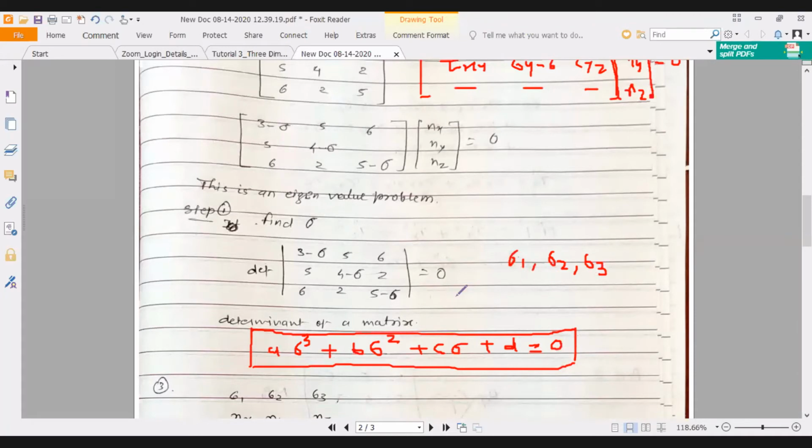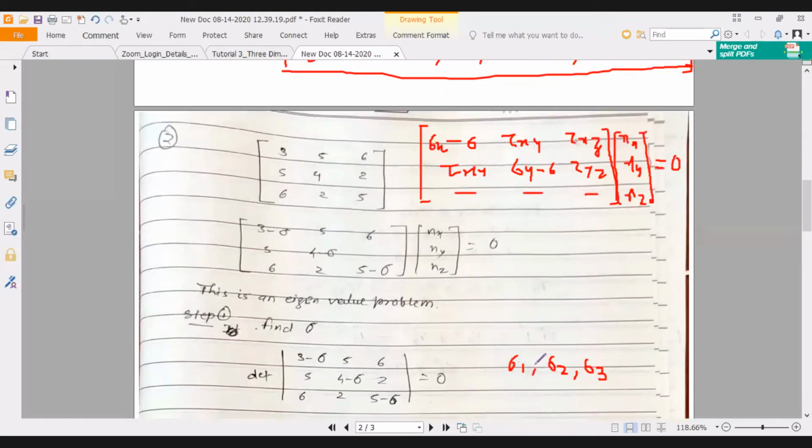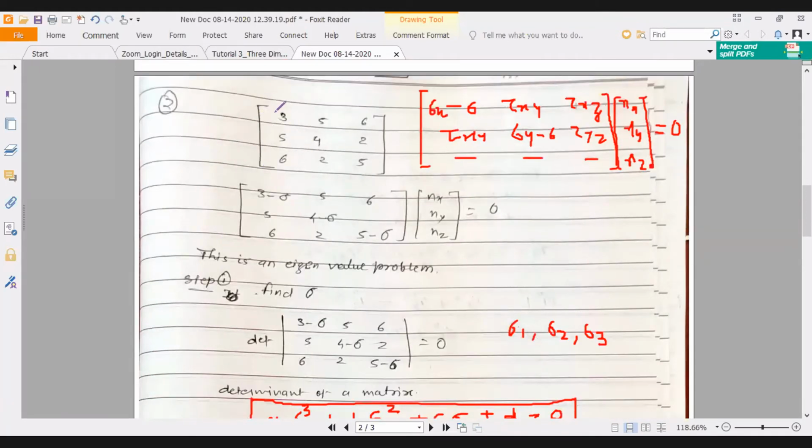Got it? So these are the principal values, the principal stresses, corresponding to the stress field given in the question. Again, if you insert any one of the principal values in this equation, suppose sigma 1 is calculated and you insert that value of sigma 1, you will get three equations for three unknowns, that is nx, ny, and nz.